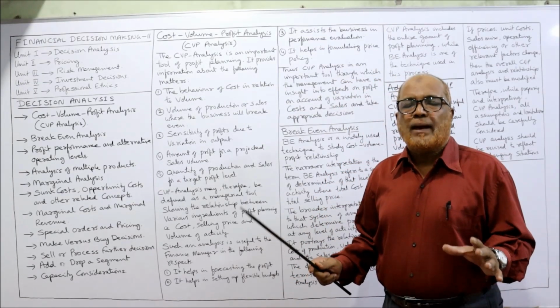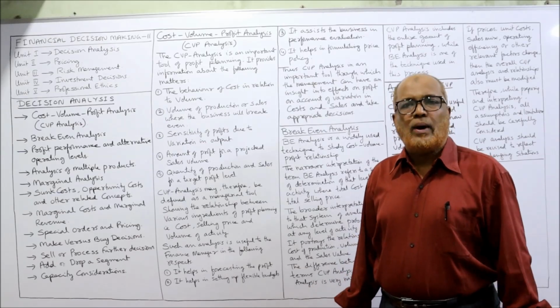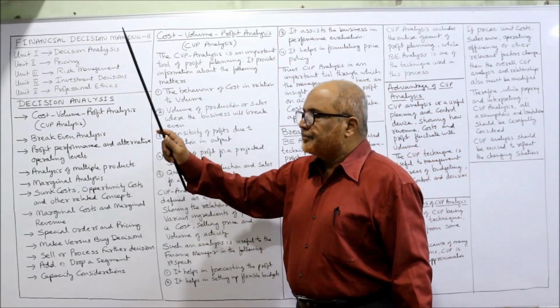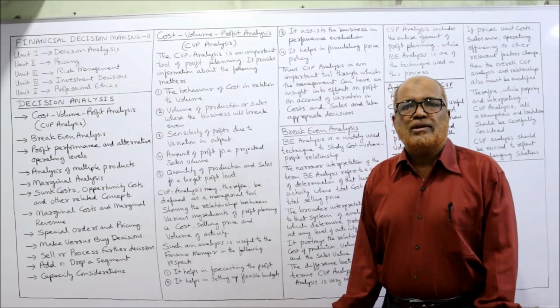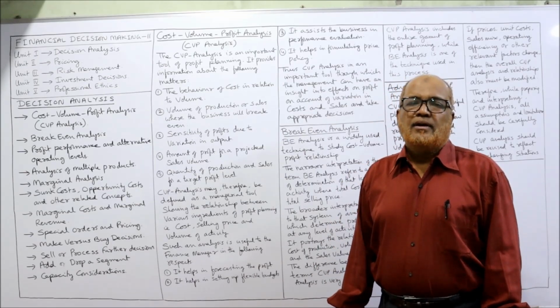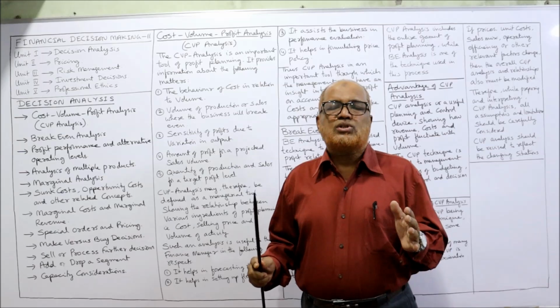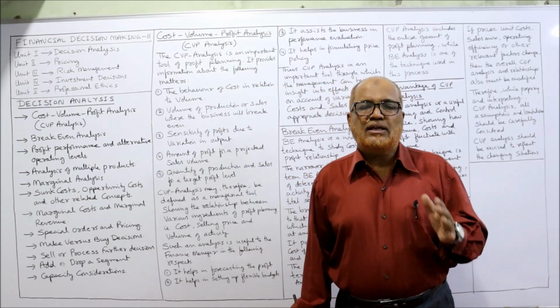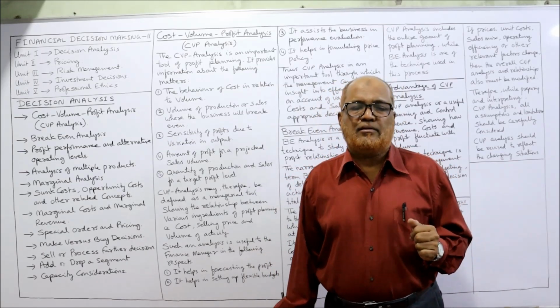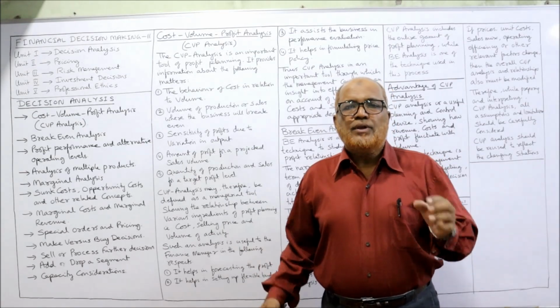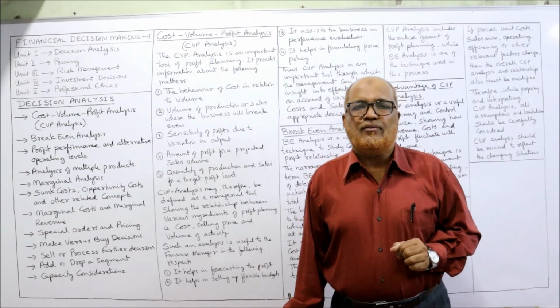So first of all, I'm starting with unit number 1. In unit number 1, the topic is decision analysis. The first and foremost function of the management is decision making. What do you mean by decision making? Choosing among the alternatives.